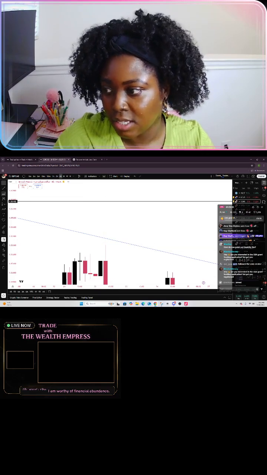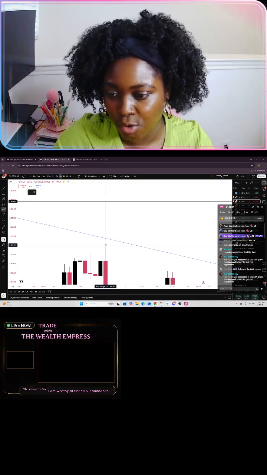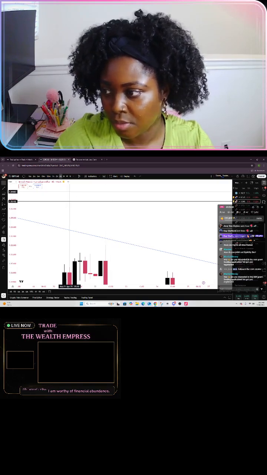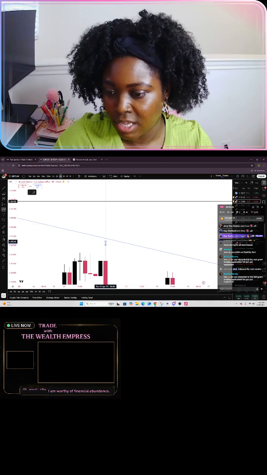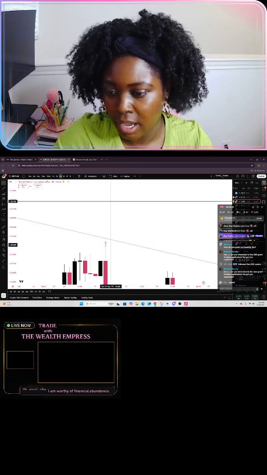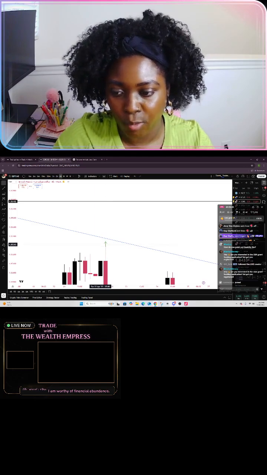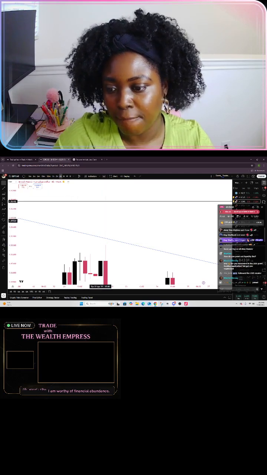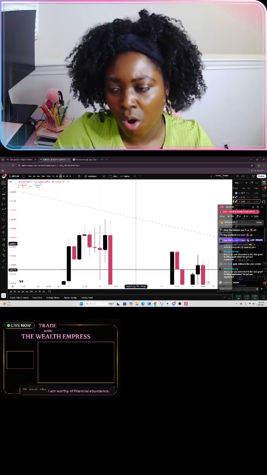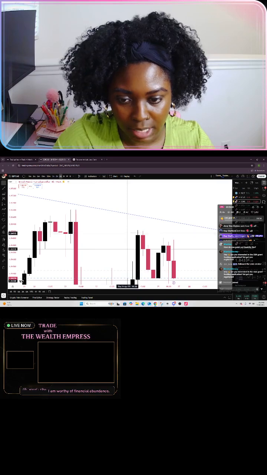Now, if this candle was higher than that candle, if this wick ended up here, then that would no longer be liquidity because it ran this wick already. So you want them to be equal or relatively equal, and by relatively equal, I mean something like this.